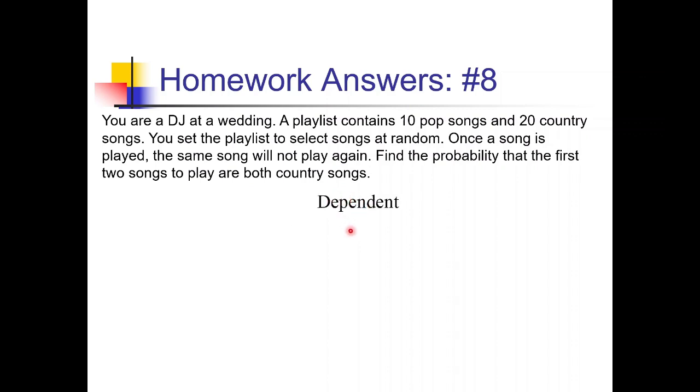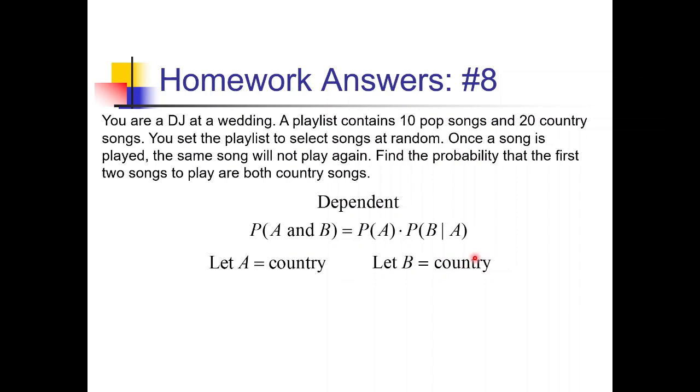We're going to use the dependent formula, P of A times P of B given A. And let's say that event A is a country song, and event B is another country song. So probability of A, the first time around, we have 20 country songs, 30 overall, so 20 out of 30, which we can reduce to 2/3.